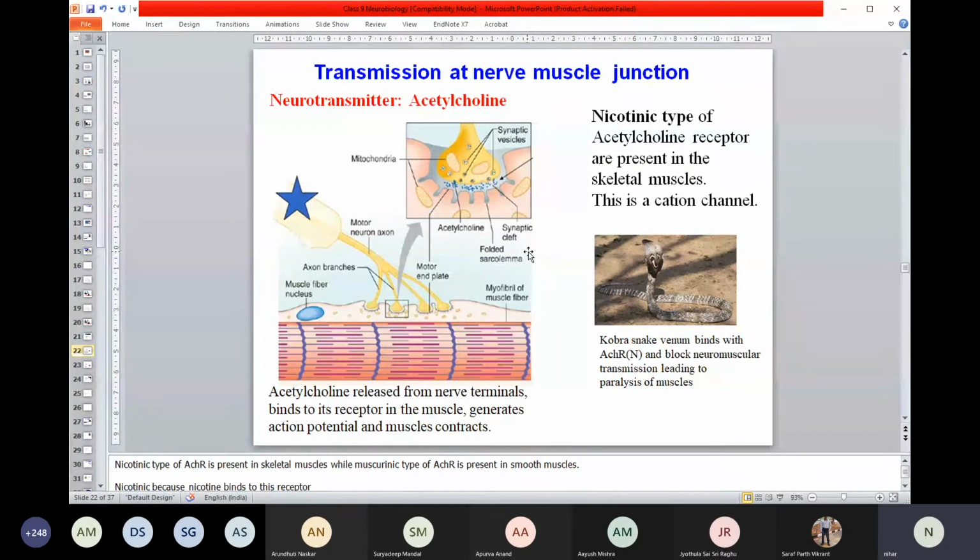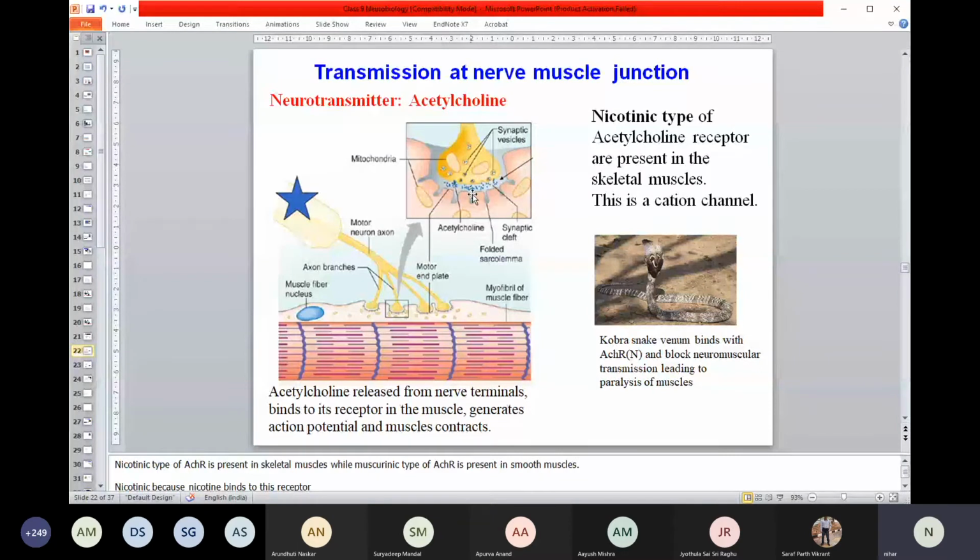So just think, when your hand or leg muscle contracts, when you're moving your hand, there are neurons that are innervated with the muscles. When the action potential travels through those neurons and reaches the end terminals connected with the muscle, it releases acetylcholine.